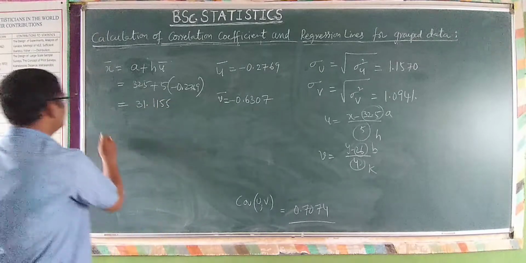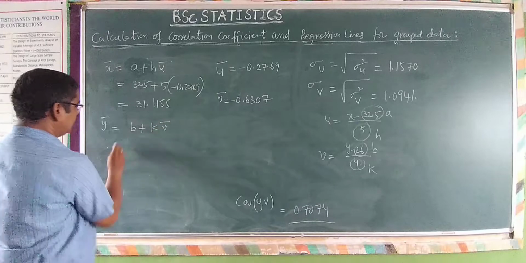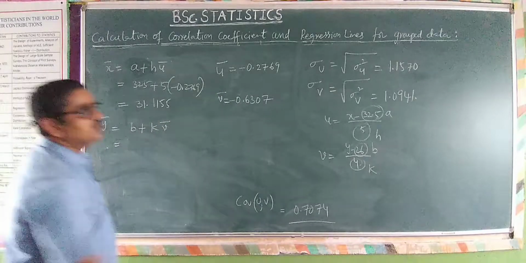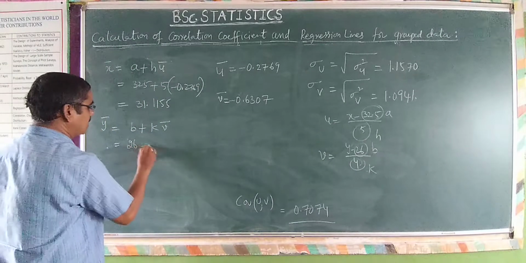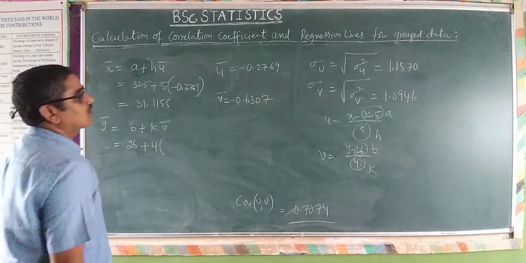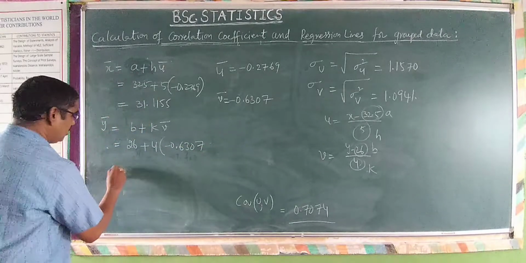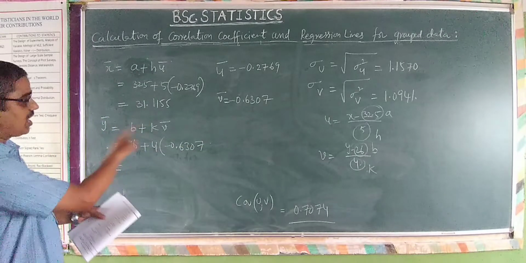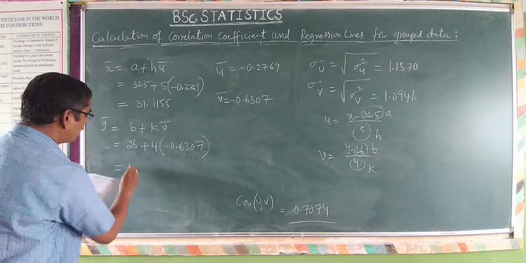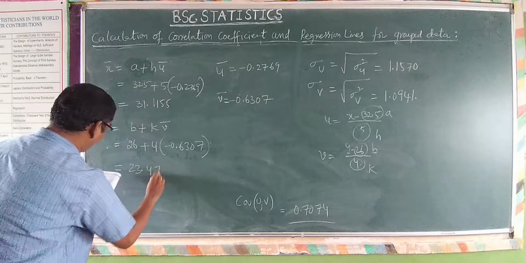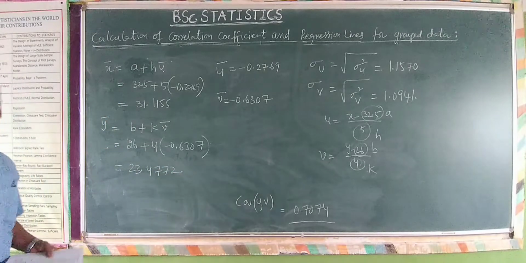Next, Y bar similarly, B plus K into V bar. B is nothing but 26, K is 4. So 26 plus 4 into V bar, where V bar is minus 0.6307. Therefore, if you calculate this value, Y bar is equal to 23.4772.